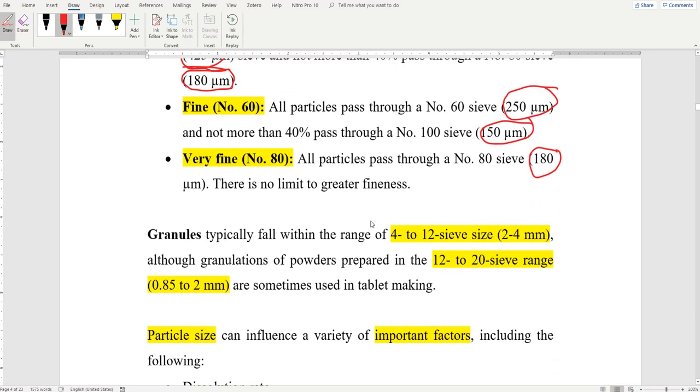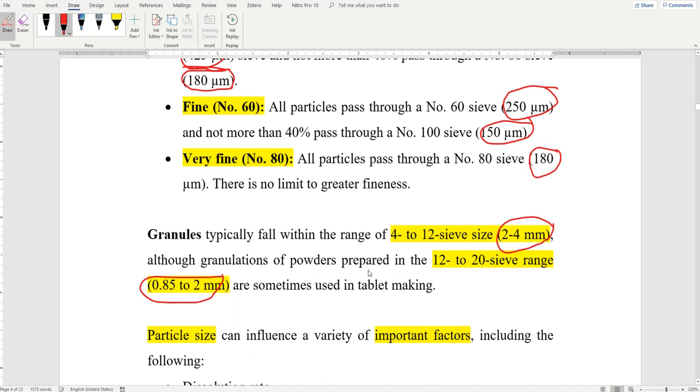I want you to understand that in general, of course there are many exceptions, granules are larger than powders, and typically they have a size from 2 to 4 millimeters. But granules with smaller size, like 0.85 millimeter to 2 millimeter, are also used.